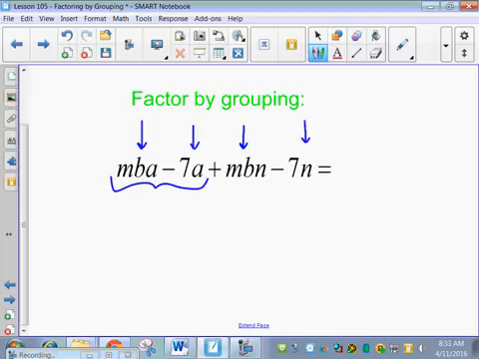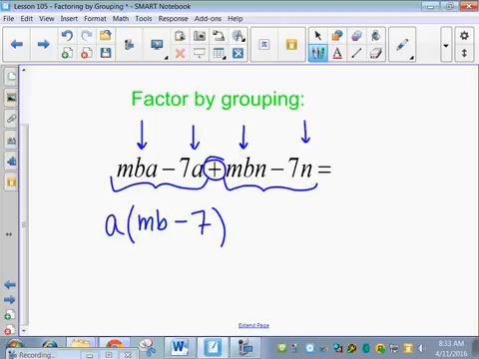So, Alex, what's in common in the first 2 terms? Good. So we're going to factor out an a, and what's left then would be mb minus 7. All right? And then we're going to look at the second 2 terms, and Leah, what's common in the second 2 terms? n.